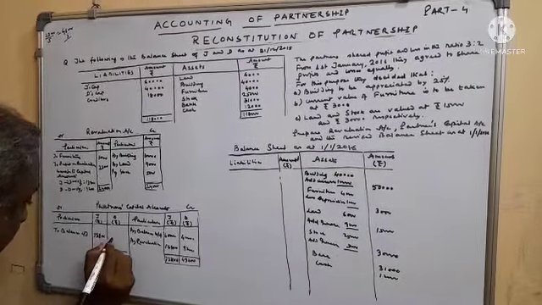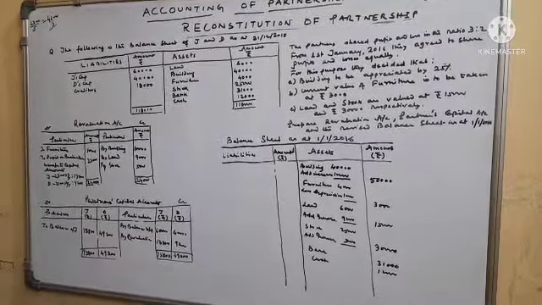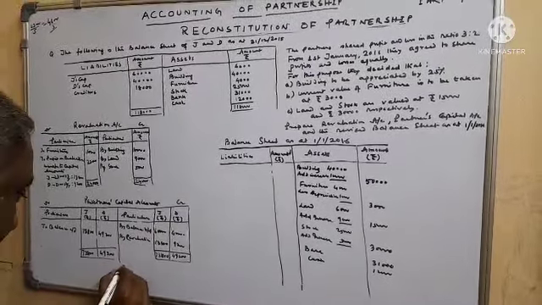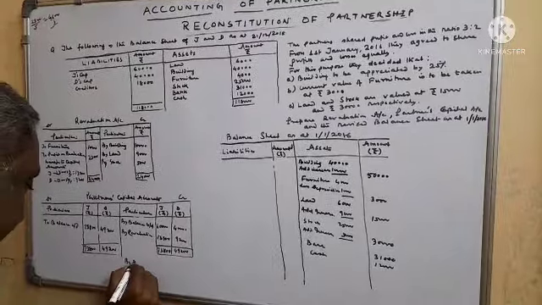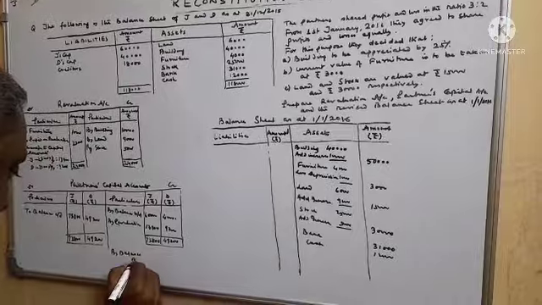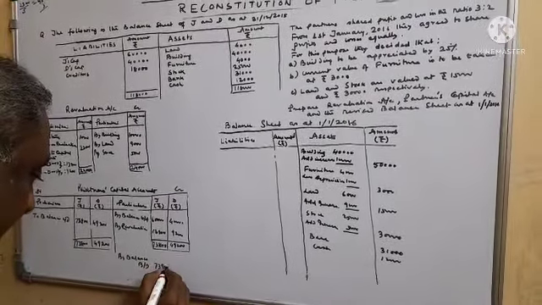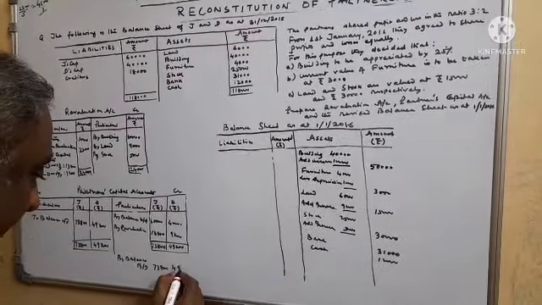That will be brought down by balance BD. 73,800, 49,200.